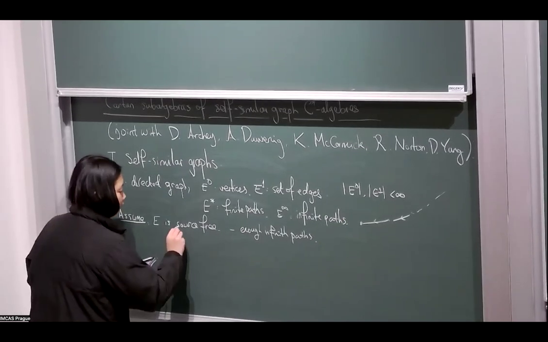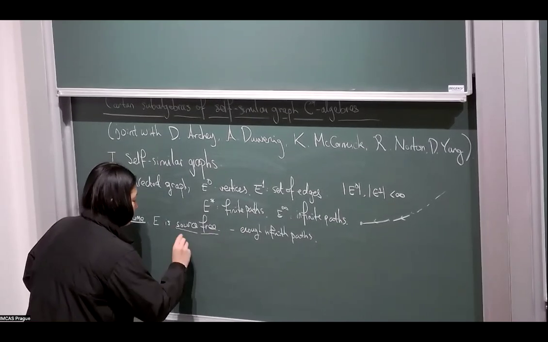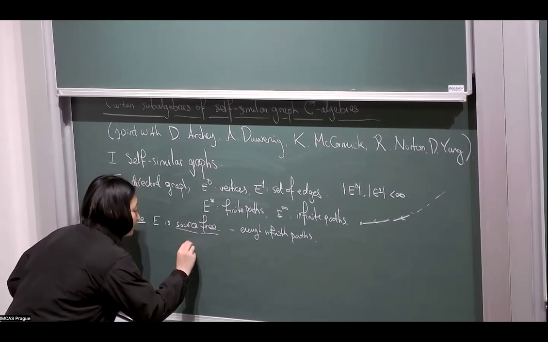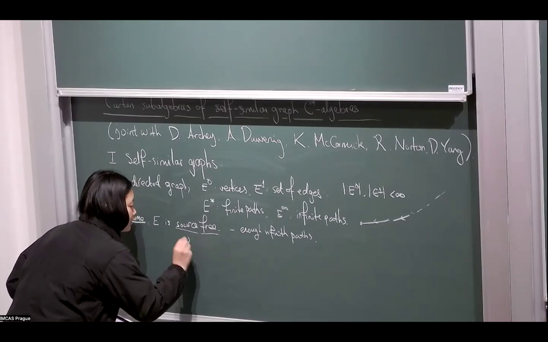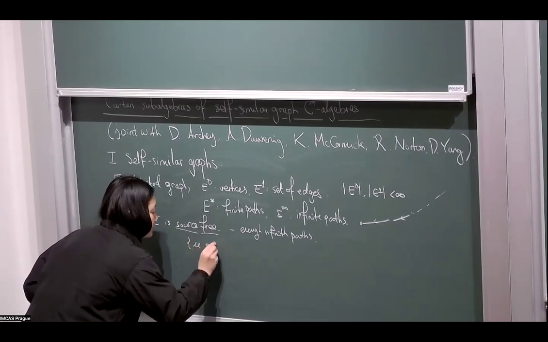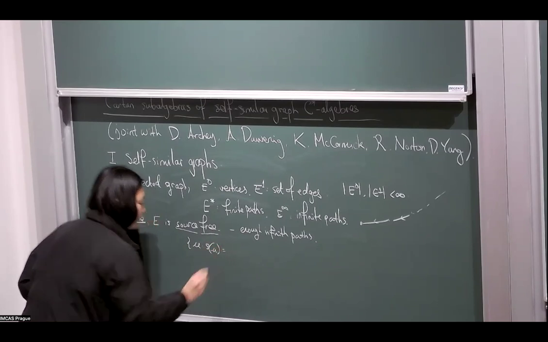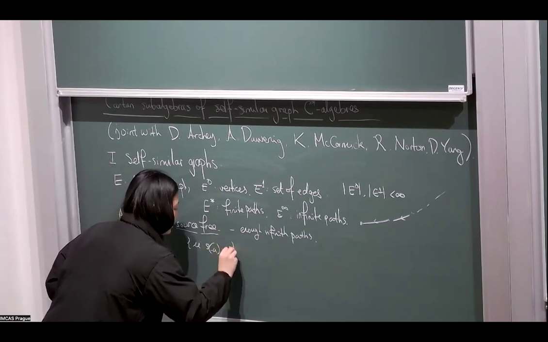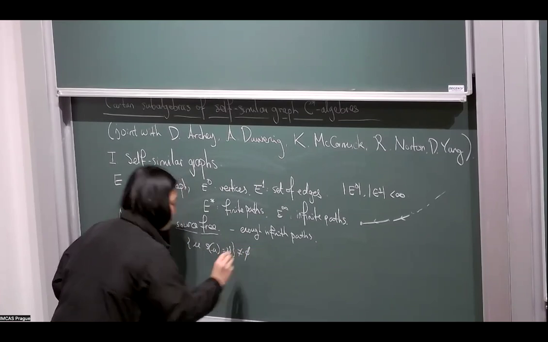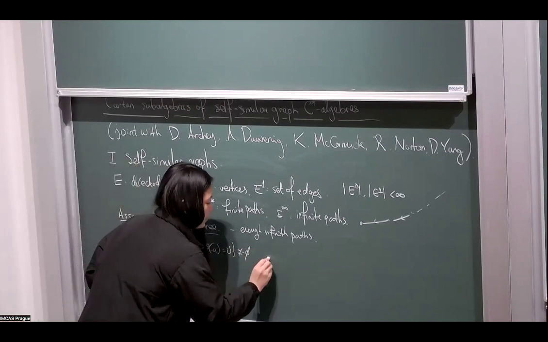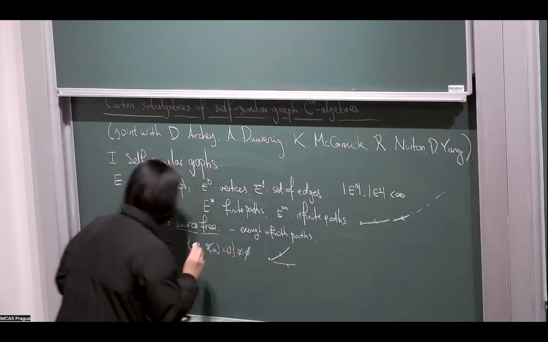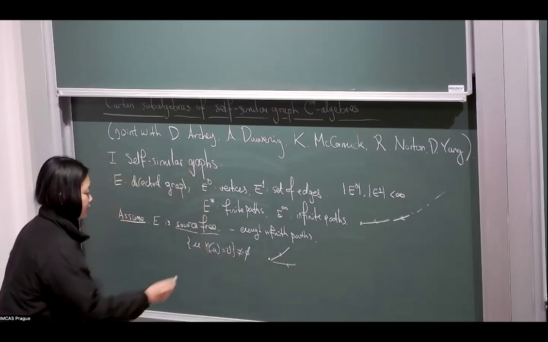Source-free means you don't have any source, meaning that if you look at the set of μ such that the range of μ equals some vertex v, it is non-empty. So for every vertex, you can always find some.